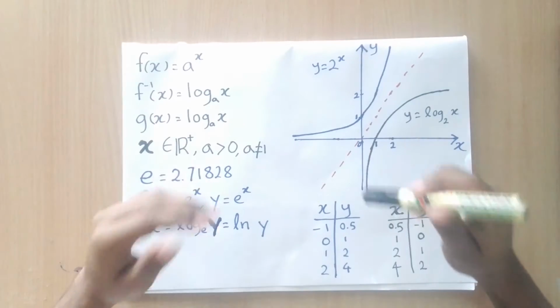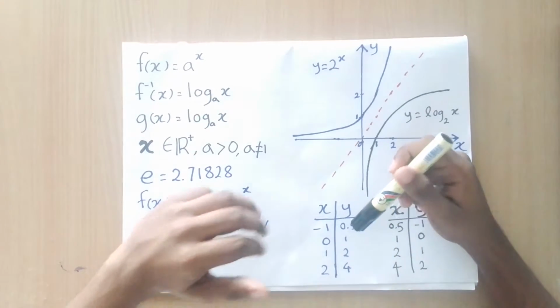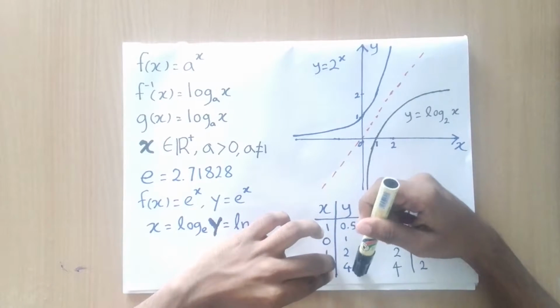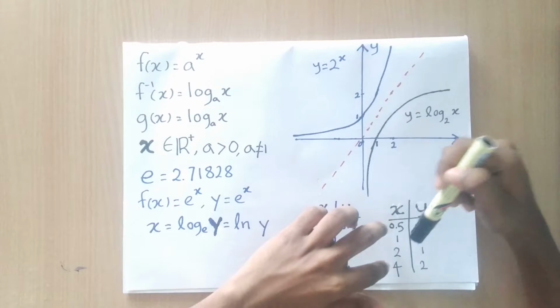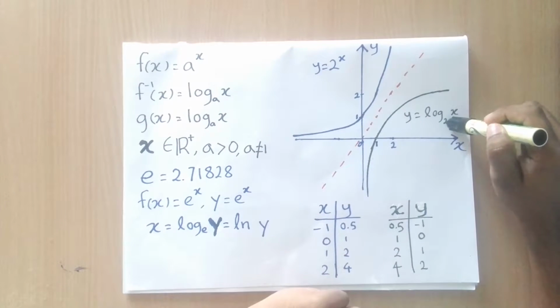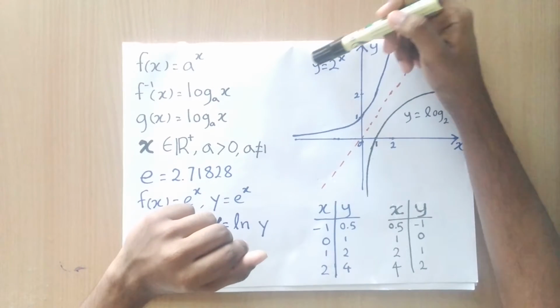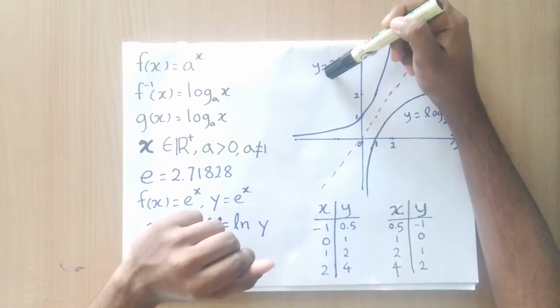So now, to sketch the logarithmic function, we take the y values of the exponential function and switch them to be the x coordinates of the logarithmic function. So here, y equals 2 to the power x is the exponential function.